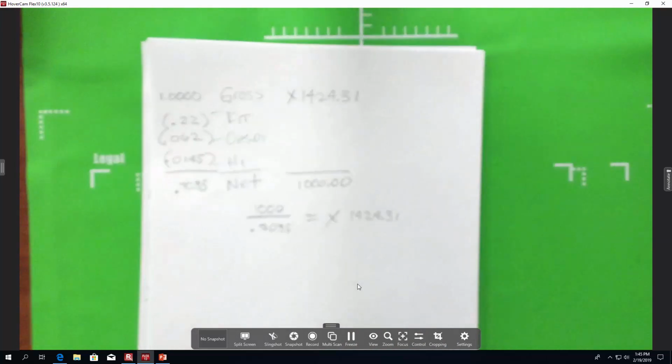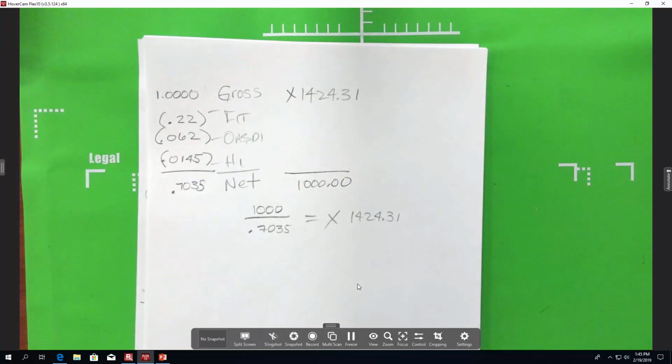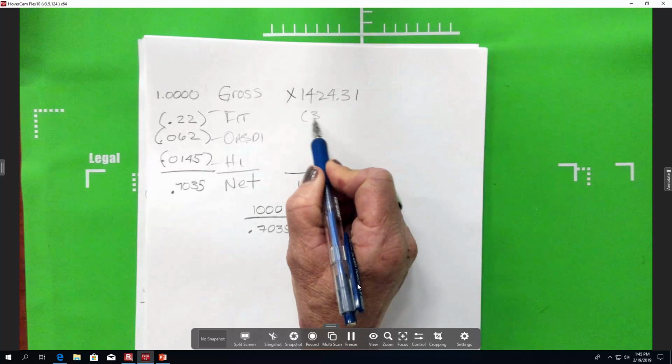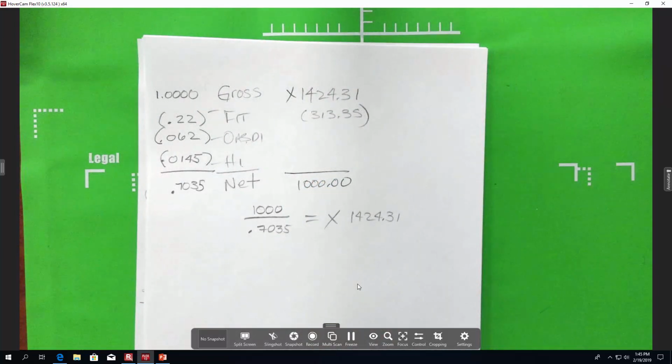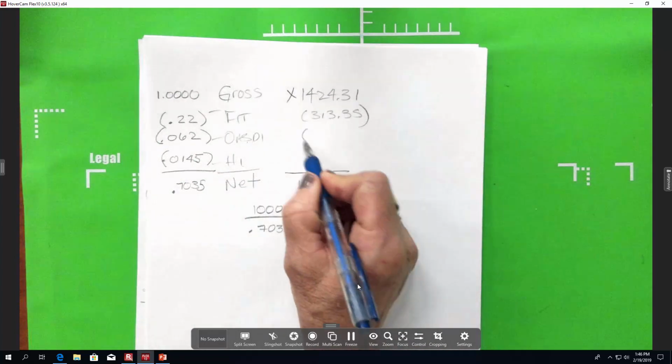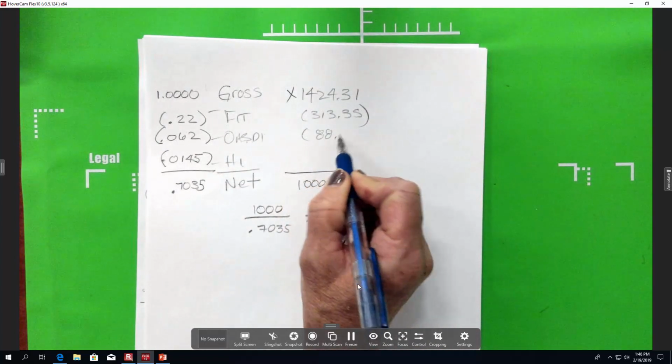And now you just multiply it by the percentages. 1,421.31. How much is my FIT? And how much is my OASDI?